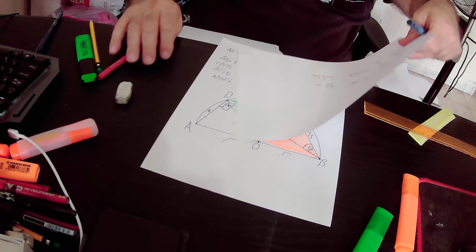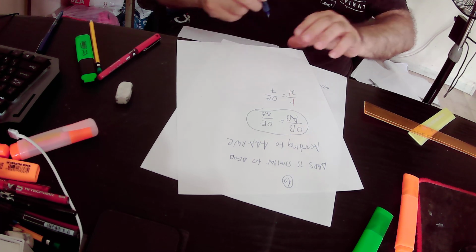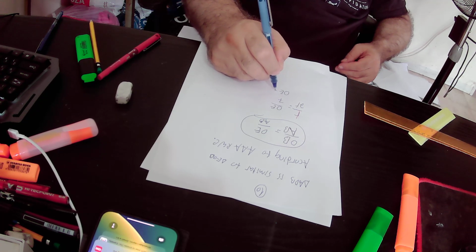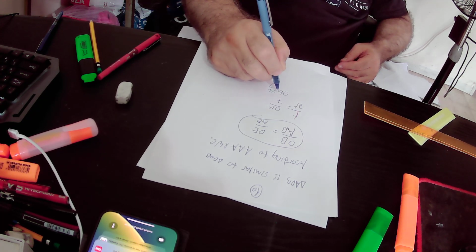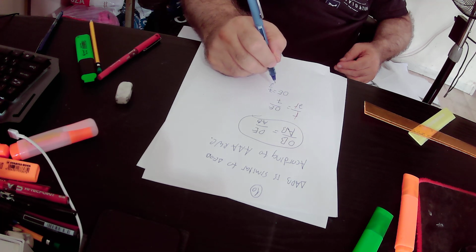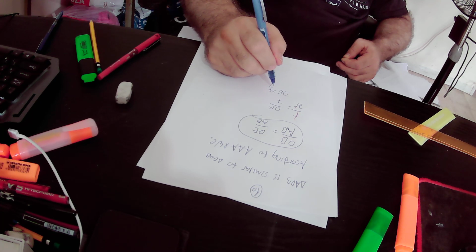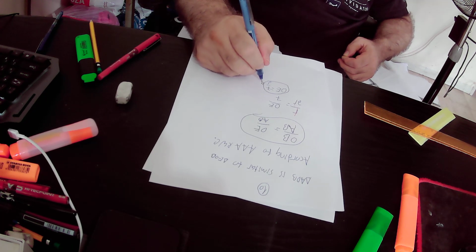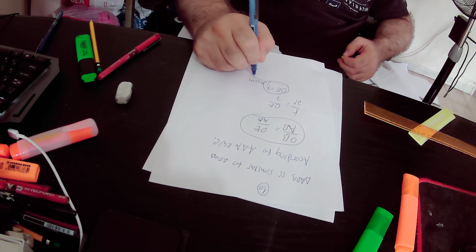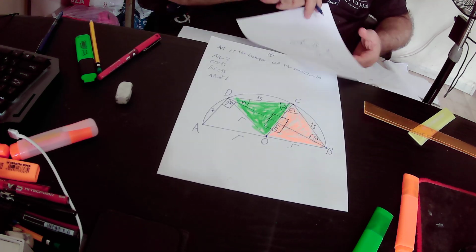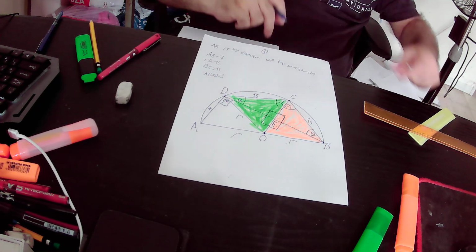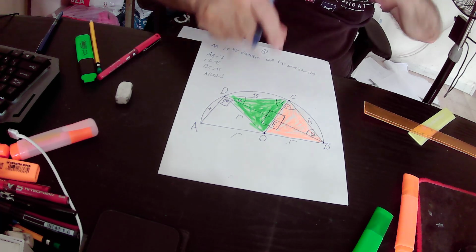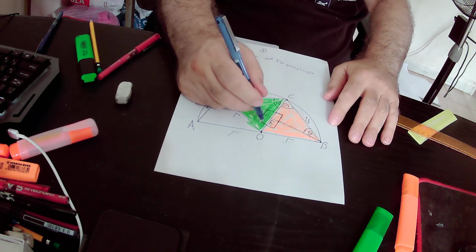So OE equals 7 over 2 units. Again, OE equals 7 over 2 units.